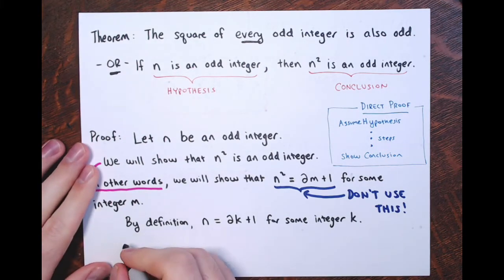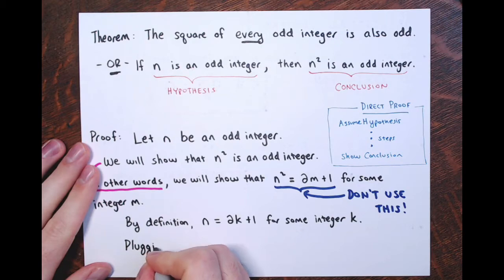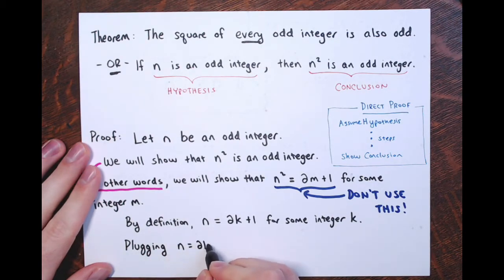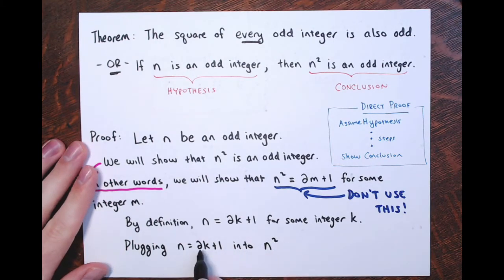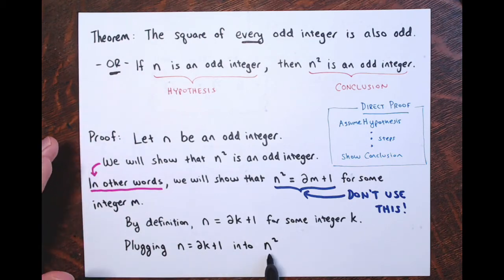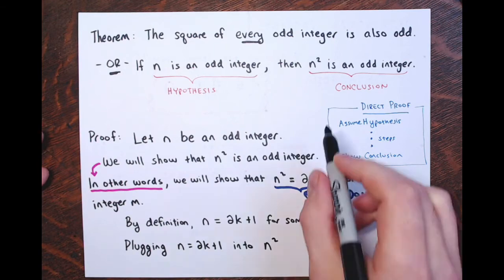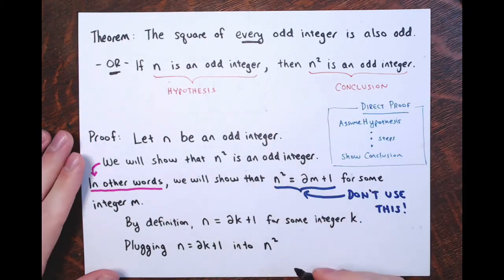All right, so I'll say plugging n equals 2k plus 1 into n squared. Now, I have that n is odd. Let's look at the expression n squared, because the conclusion is about n squared.